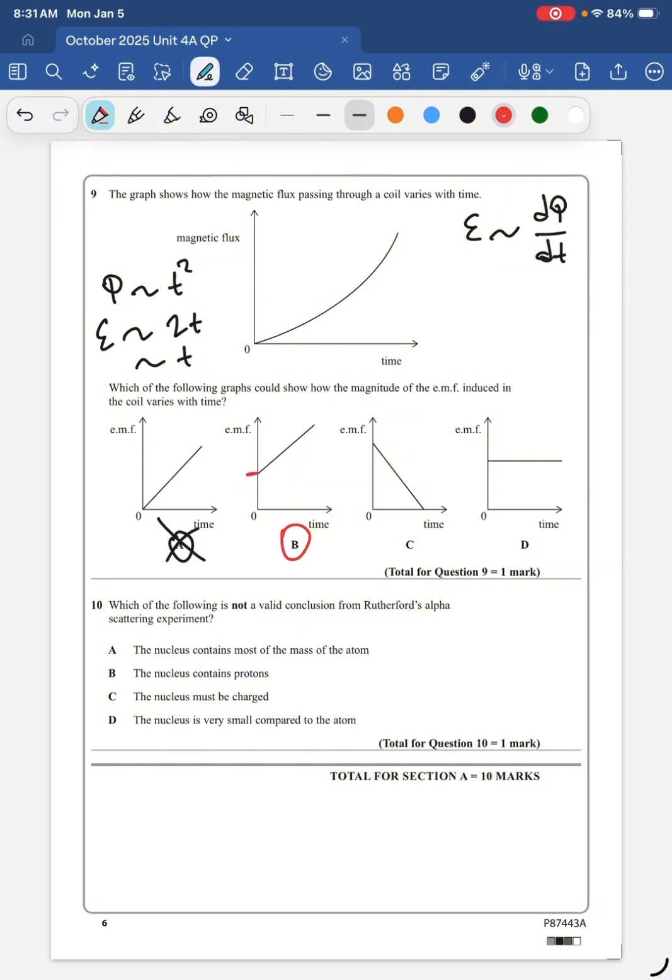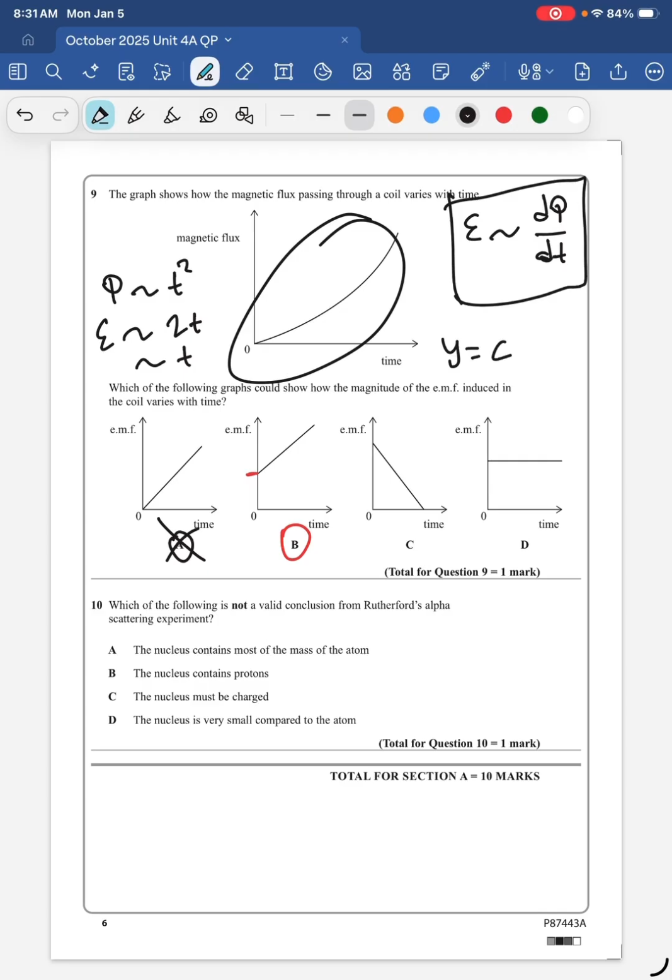I'm not sure I agree with it, but we will go with that, okay? But the main takeaway point is you have to remember the law. And by looking at this, you have to conclude that this is a parabola, therefore the EMF is going to be some straight line, okay? That resembles the equation y equals cx plus m, okay?